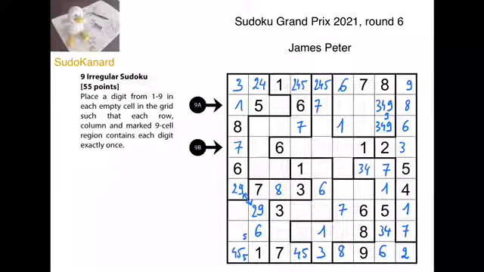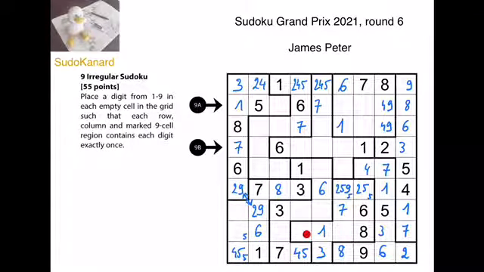That's some neat geometry. This row still needs a 5. It has to go somewhere here. 2 or 5 here, 2, 5 or 9. And this region still needs a 4, which is here or there, making this a 3. And this a 4, and we get a 4-9 pair at the top.